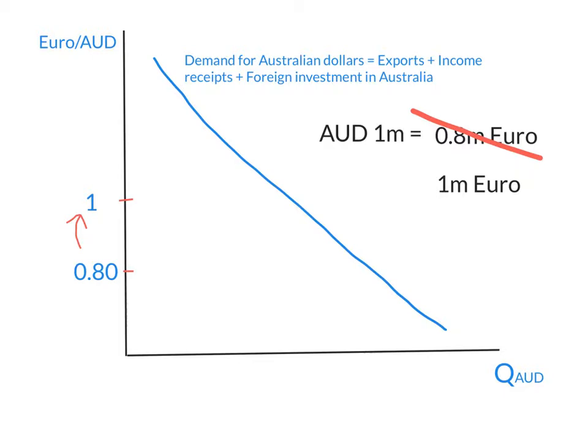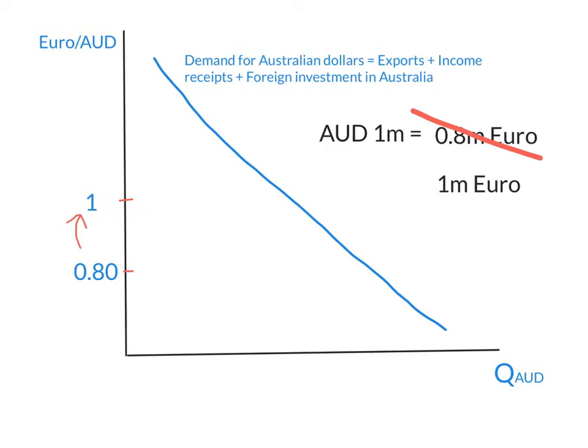And in general, a rise in the price of the Australian dollar makes products from Australia more expensive, and so people overseas will tend to buy less of them. They're going to tend to buy fewer Australian dollars because they're going to want to buy fewer exports from Australia when the price of an Australian dollar goes up.